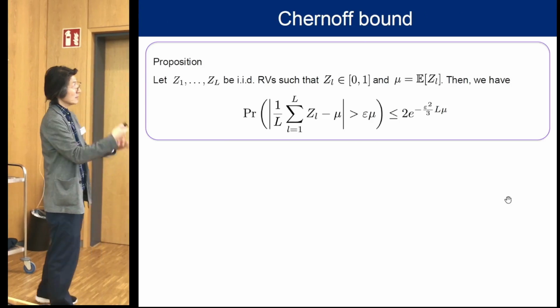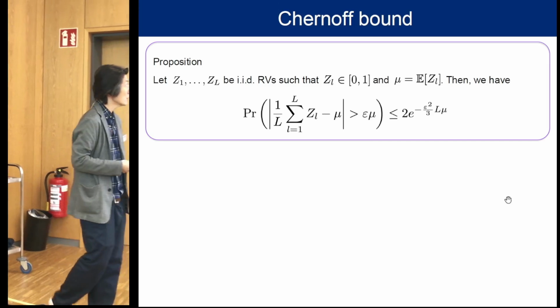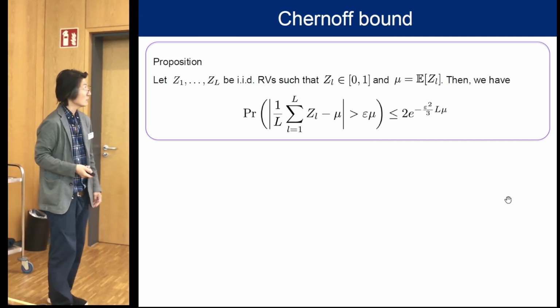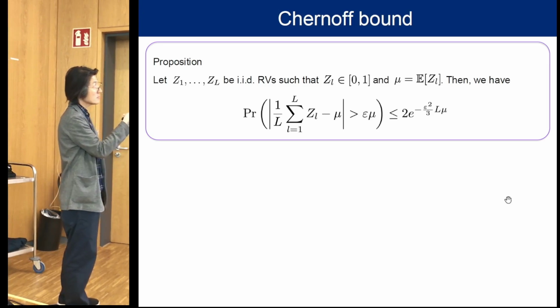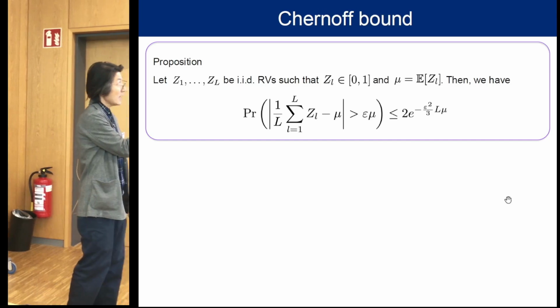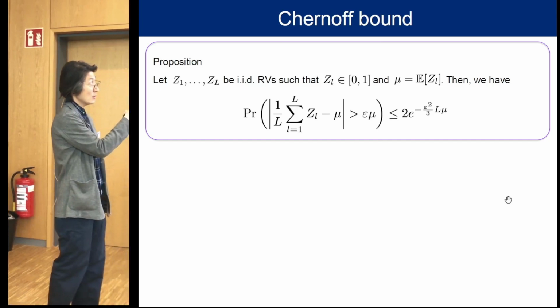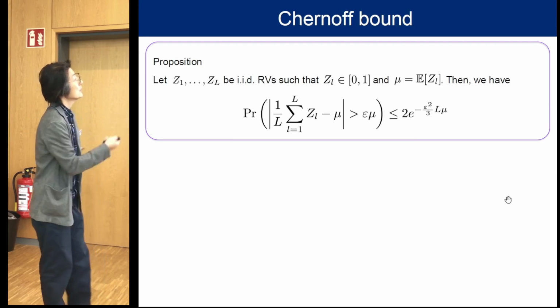So for that purpose, let me review Chernoff bound. So we consider the following version of Chernoff bound. We have random variables g1 through gL IID, and each gl takes a value between 0 and 1, and the expectation is mu.